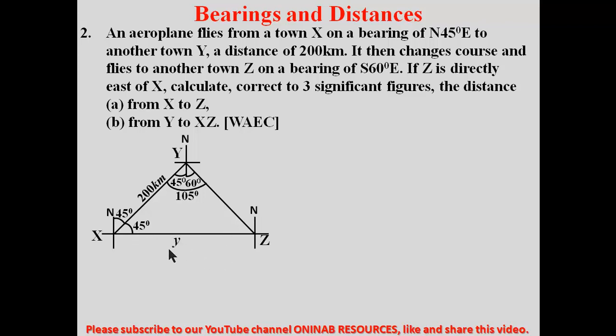So we now have two angles. We are looking for one side and we are given one side. So we can calculate the third angle here. Calculating the third angle, sum of angles in a triangle is 180 degrees.